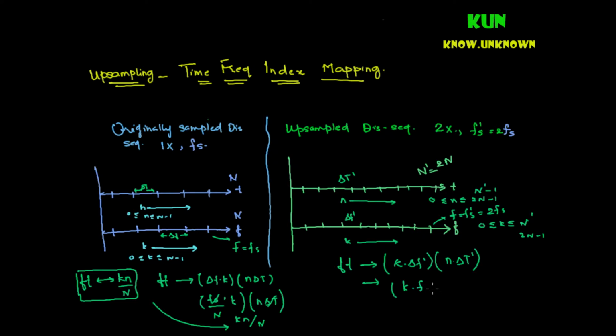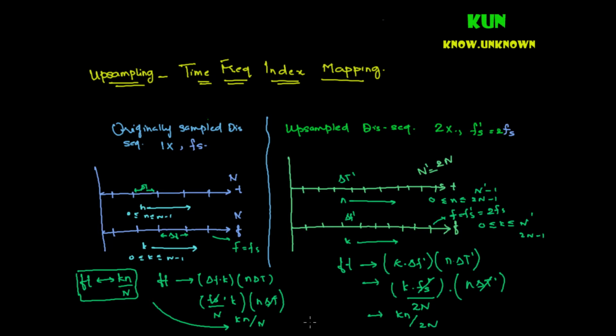We'll just replace it by f dash s, which is basically a different sampling frequency at 2 times, and f dash s divided by 2 times n. Now this point is important, 2 times n, because I have 2 times n number of samples. So here I'm going to have 2 times n rather than n, and here this will remain as it is, n times delta t dash. Following the same understanding, f dash s and delta t dash are going to cancel out. So what is left is k times n by 2 times n.